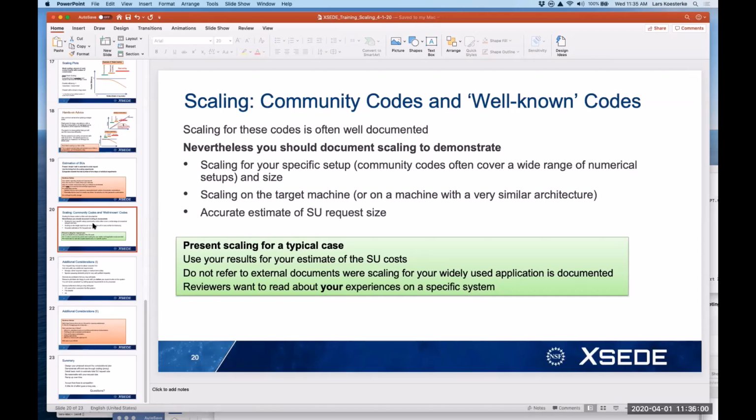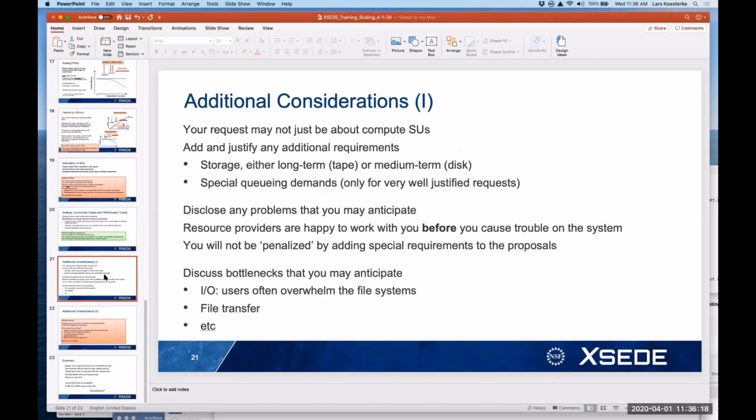So whenever you refer to external documents and I'm your reviewer, you're having already a hard time. And of course, reviewers want to read about your experience on a specific system, and that is very important to them. So some additional considerations, and then we can wrap up.